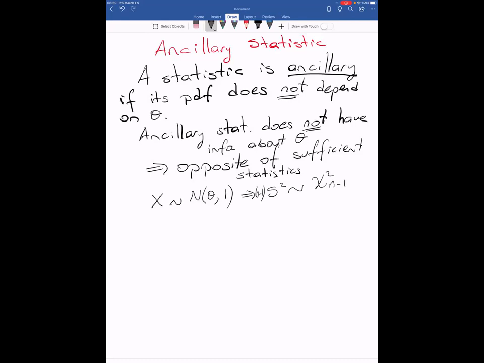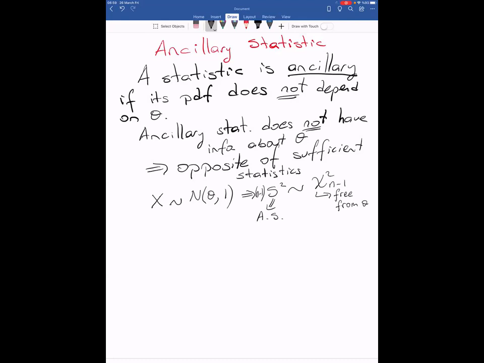This distribution does not depend on theta, right? Then this means that this is an ancillary statistic. Okay, so let's skip that.